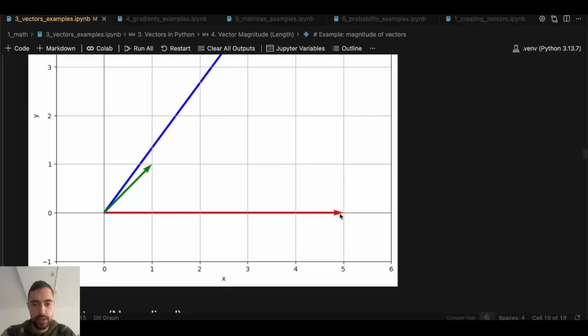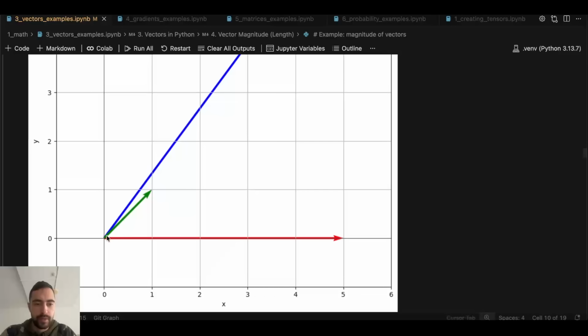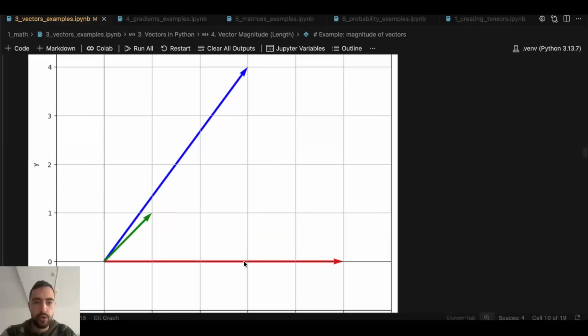You can already see that the length of this is 5. And then vector 3, 4, the magnitude, the length of the vector will be 5 units. If you remember from Pythagoras' theorem, if you have a triangle with sides 3, 4, the hypotenuse will be 5.